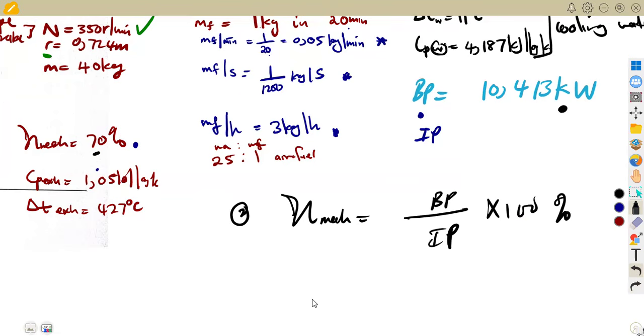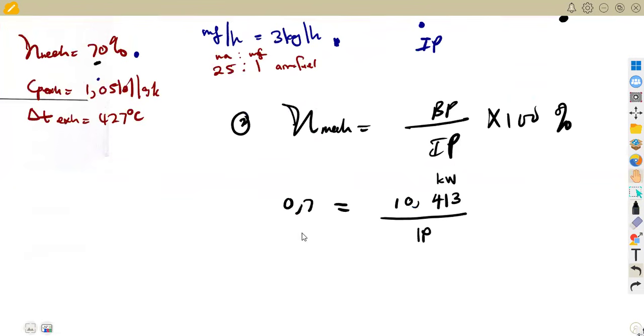Remember, our mechanical efficiency, 0,7 (we divide by 100), is equal to the brake power already given, 10,413 in kilowatts. So if this is in kilowatts, our indicated power is going to be in kilowatts. How are we going to find the indicated power? You're going to cross multiply, then divide by 0,7.